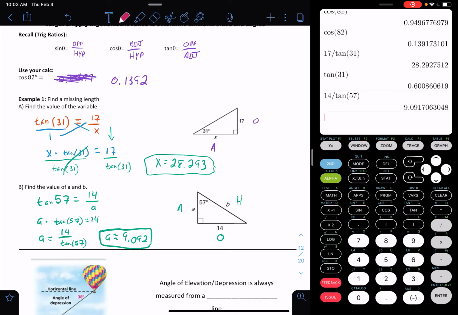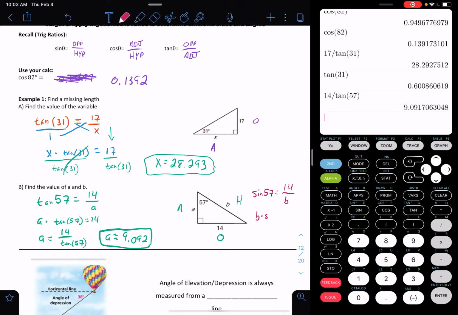So what deals with 14 and B? What deals with opposite and hypotenuse? That's sine. So sine of 57 equals opposite, which is 14, over hypotenuse, which is B. So our variable is still in the denominator. So I need to multiply both sides by B or cross multiply. They're both doing the same thing.